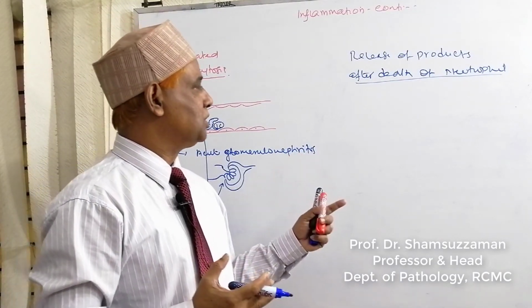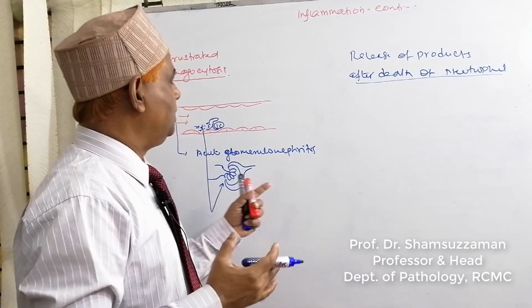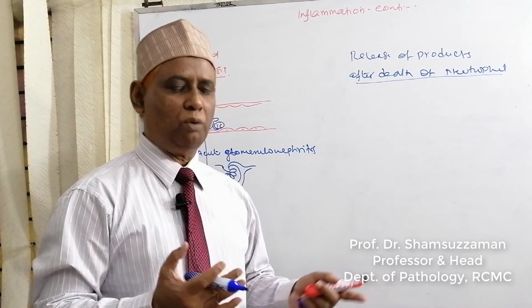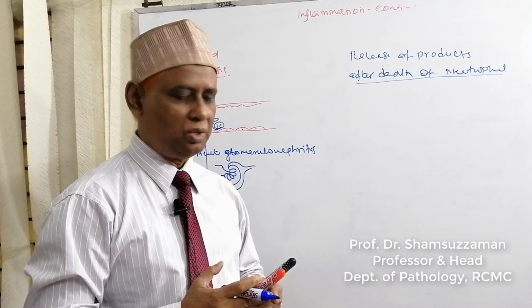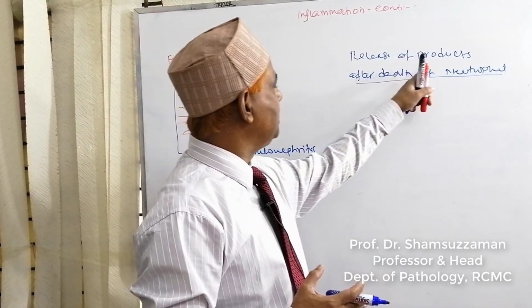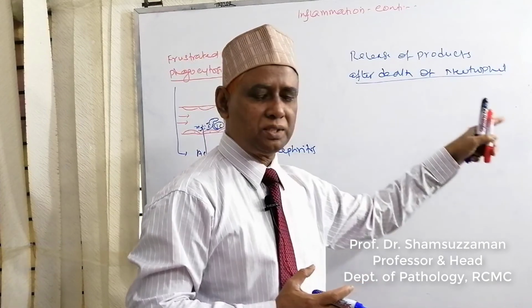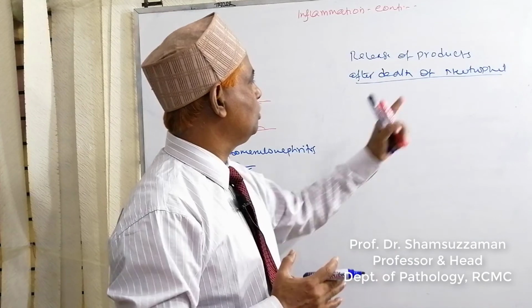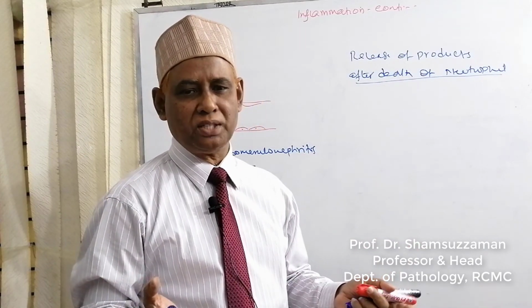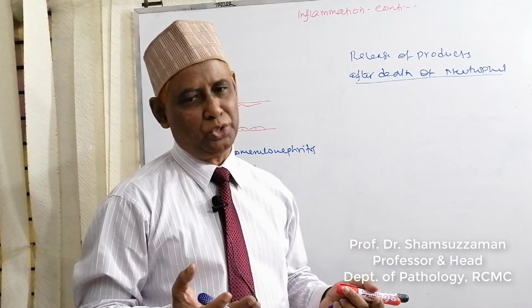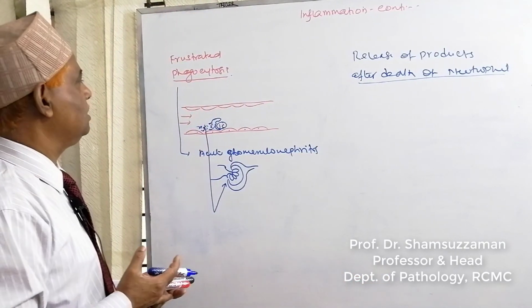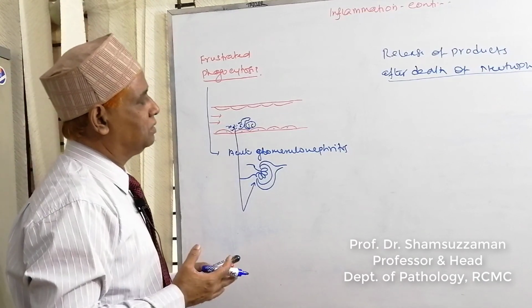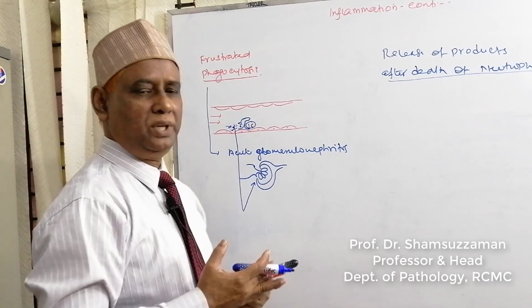In the cellular events of acute inflammation, the acute inflammatory cells are outside the blood vessel in the tissue, and these leukocytes or neutrophils undergo death, and after death of these neutrophils, there is release of leukocyte products in the tissue, and it will cause tissue injury. So this is all about phagocytosis and release of leukocyte products. Thanks all.